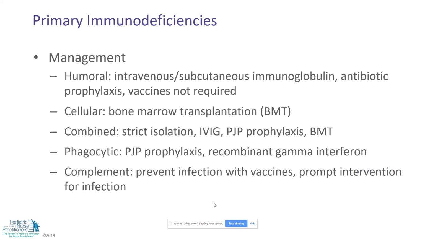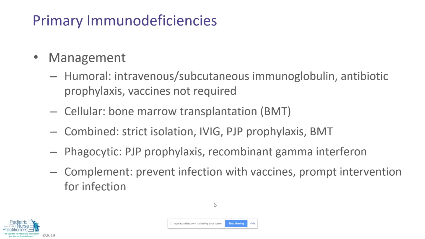Cellular, so remember cellular, one of the combined ones that has a cellular component would be SCID, right, severe combined immunodeficiency syndrome. And so that patient would require a bone marrow transplant. And so, as you know, in a bone marrow transplant, we would completely replace not only the hematologic system, but the immunologic system, and that would afford them the opportunity to kind of be cured of their immunodeficiency.